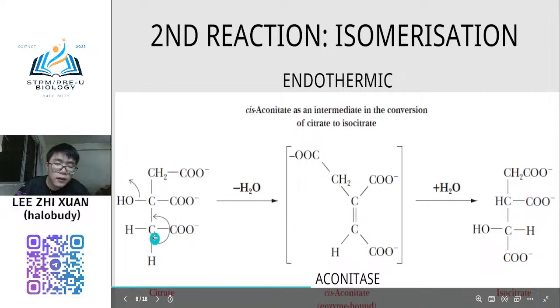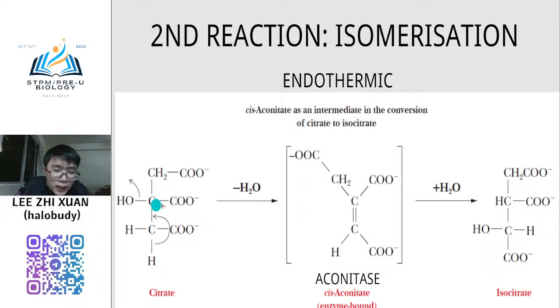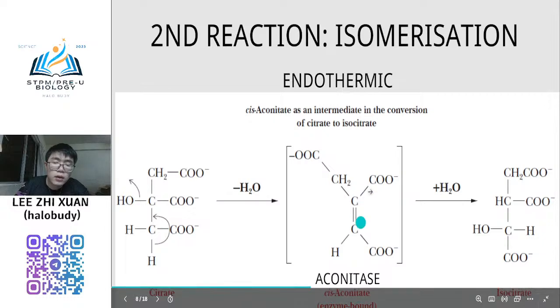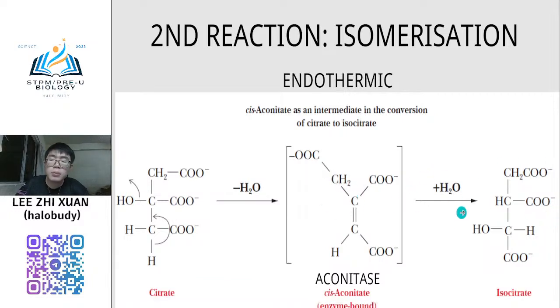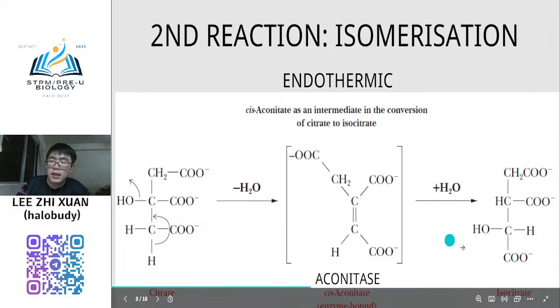You see here, this structure, it will form the cis structure, the cis-aconitate structure. And after that it adds one more water molecule, and it will form isocitrate again.